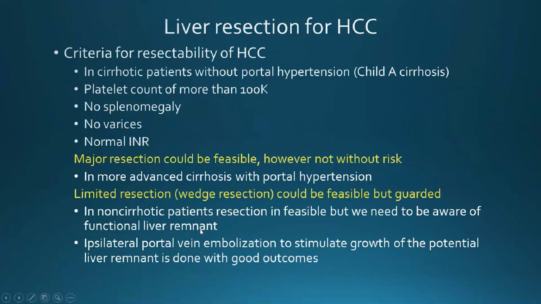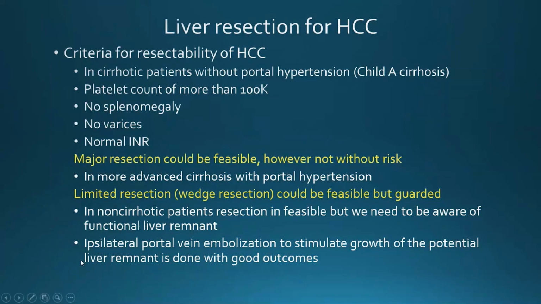We can't go in and take the right lobe and segments from the left lobe out and leave only a left lateral segment, unless the left lateral segment is large enough to support the patient's life.